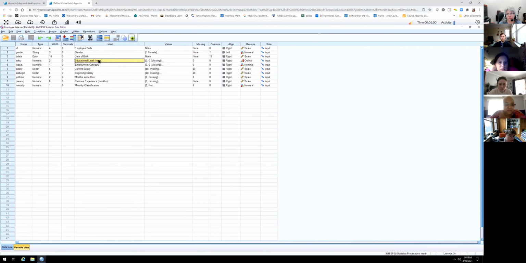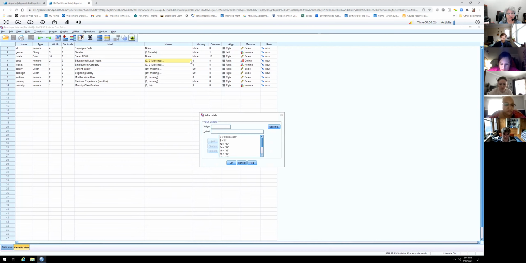So the research hypothesis that we're testing is, in comparing people, the greater the educational level, it is interval, the higher the current salary, which is also interval. Okay, you cannot use ordinal in this particular statistical analysis. All right, so we're going to do education, and we've determined education is indeed number of years.